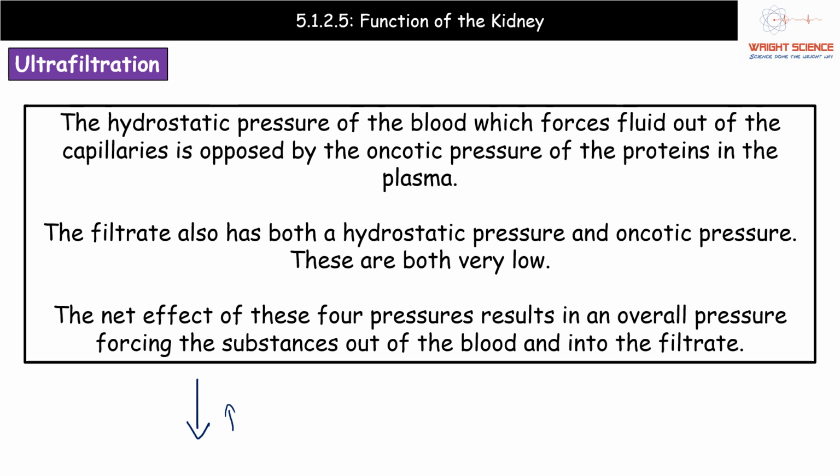And then in terms of the filtrate, we've got a small hydrostatic pressure and a small oncotic pressure. Because both of these are low, then when we have a little look at the overall pressure, it's acting in the direction to force substances from the blood into the filtrate. And that's predominantly driven by that hydrostatic pressure caused by the structure of the kidney, with that narrower efferent arteriole and the wider afferent arteriole.